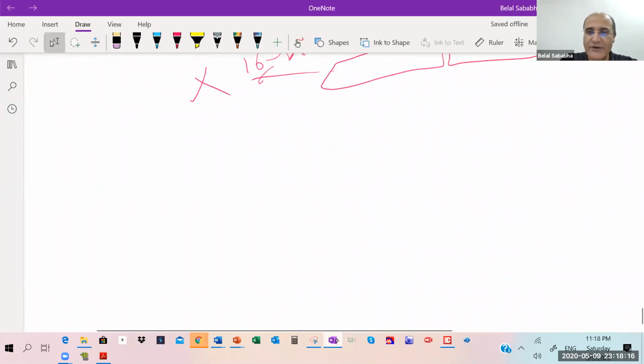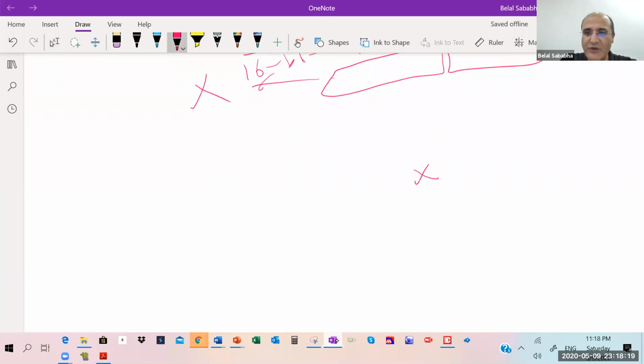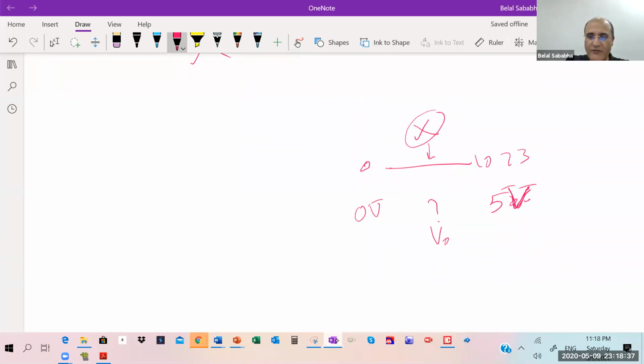I have a number x between 0 and 1023, and these represent 0 volt to 5 volt. If I know x, what is the voltage on the pin?